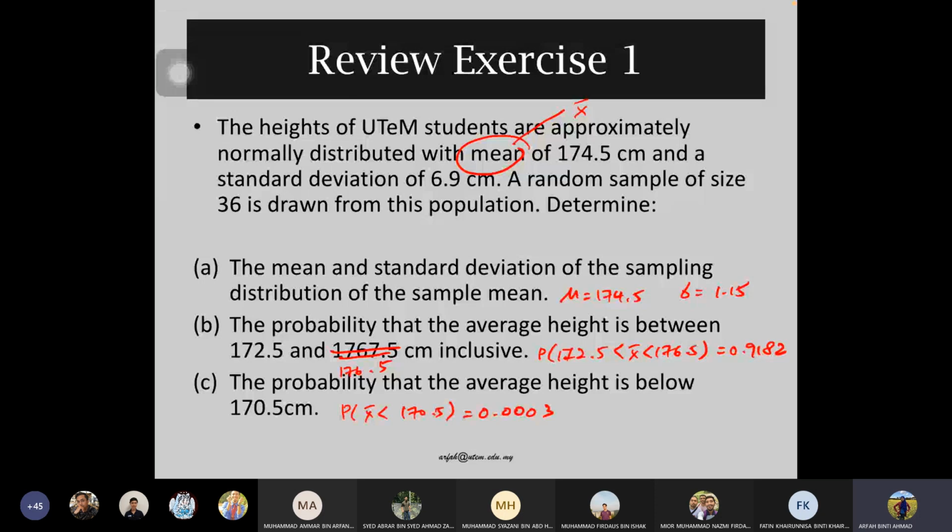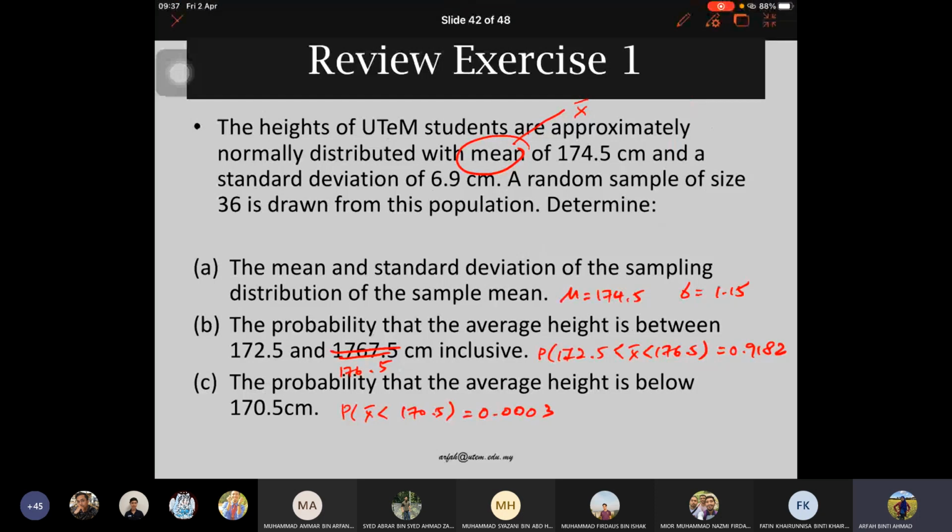So kita berminat dengan sample mean. So soalan yang A tu the mean and standard deviation of the sampling distribution. Just nyatakan mu dan juga sigma. Probability that the average height. So kalau ada soalan, awak kena tahu parameter yang dia berminat adakah ianya mean ke standard atau proportion.